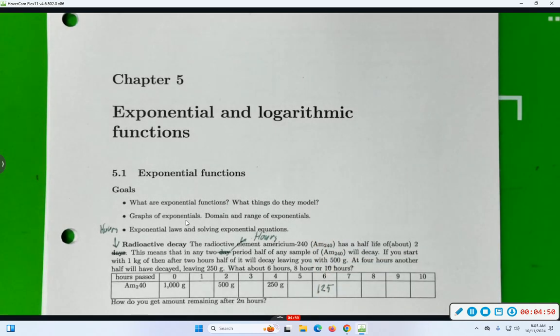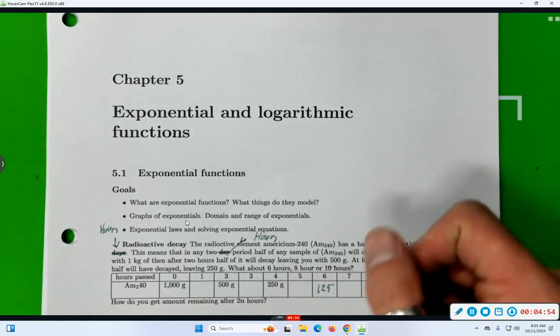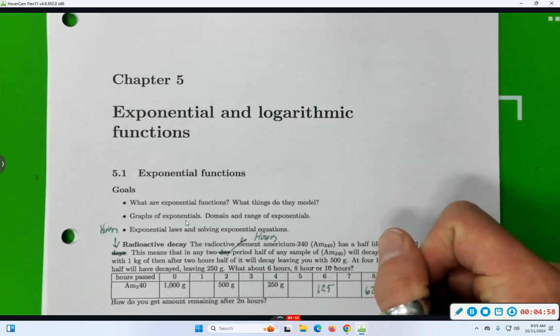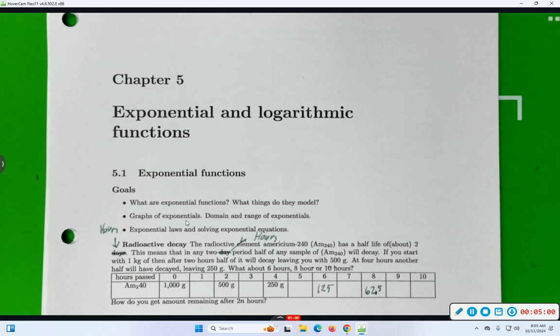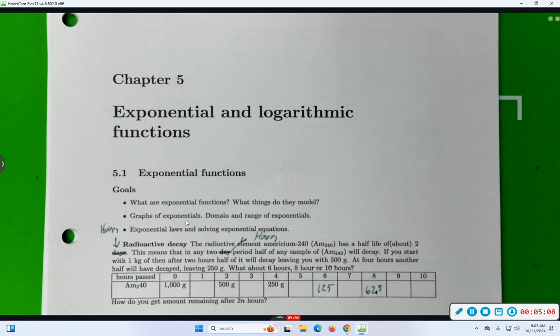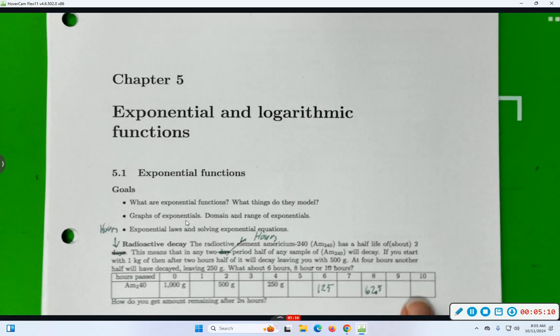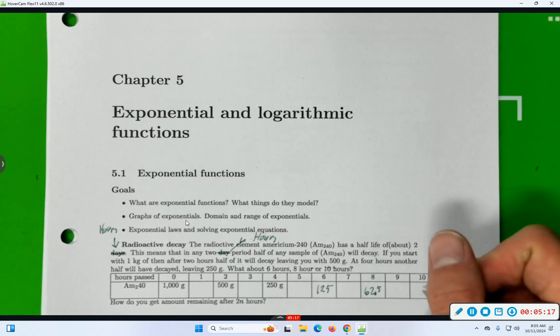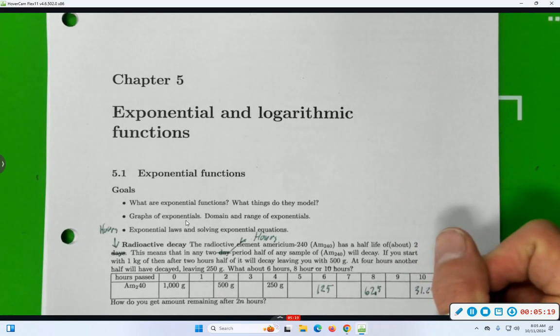If you wait another 2 hours, at time equals 8, another half of it will decay, leaving you with about 62.5 grams. You start with 1 kilogram, so 1,000 grams. If you wait for that 10th hour to have passed, you'll be left with that divided by 2, which is 31.25.